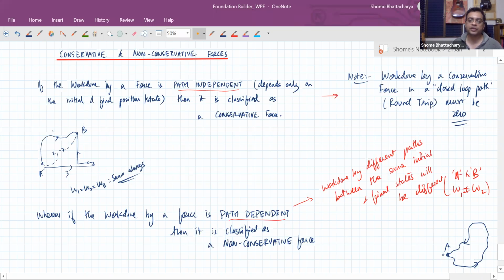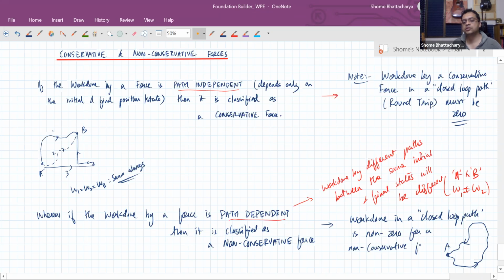So if I'm coming back to where I started from via a closed loop path, then the work done must be zero for the conservative force. Whereas if the work done is non-zero, then that means the force is non-conservative. Work done in a closed loop path is non-zero for a non-conservative force.